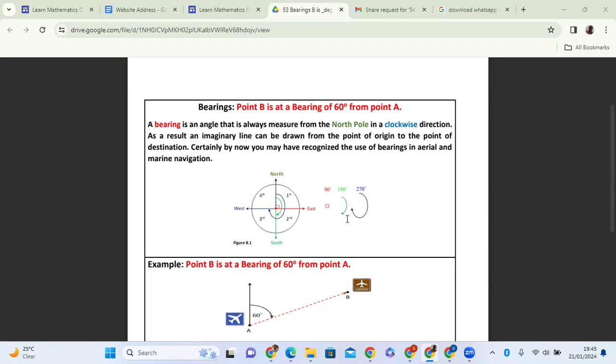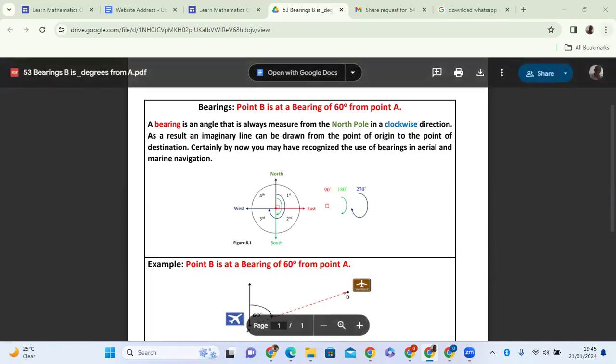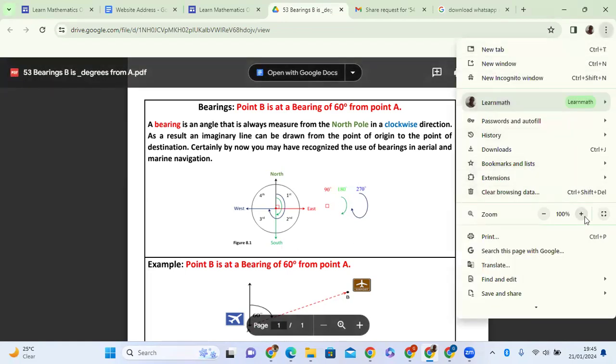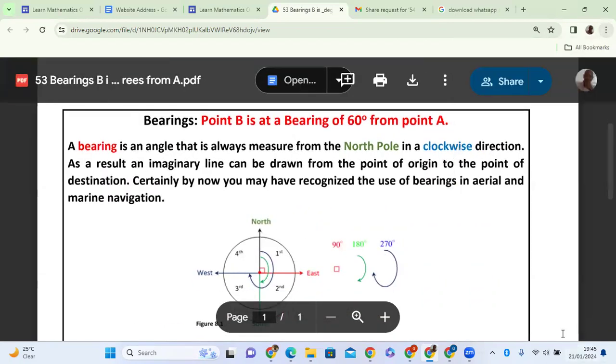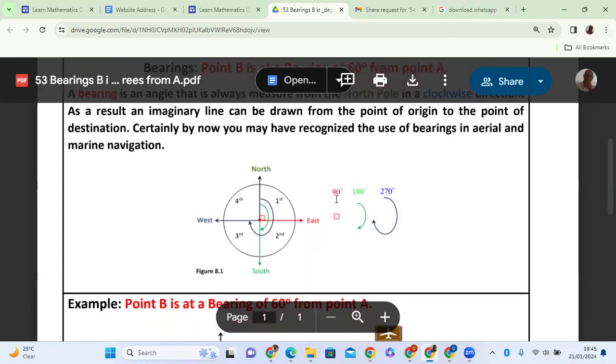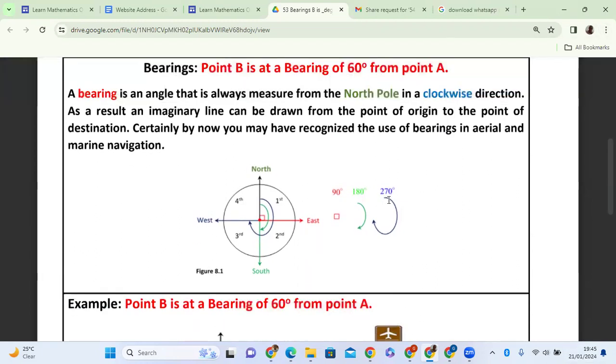So here we have a diagram, as you can clearly see, which shows you the North Pole line, and bearings of 90 degrees, 180 degrees, and 270 degrees. The 90 degrees is represented by a box from the North Pole that will bring you straight east.